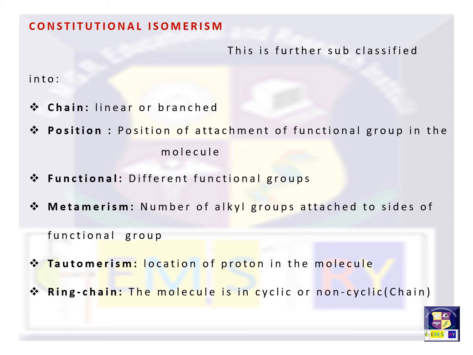Functional isomers are two different pendants attached to the same chain. Metamerism is where the number of alkyl groups attached to the sides of the functional group varies. Tautomerism is where the location of the proton in the molecule varies. Ring chain is where the molecule is either cyclic or non-cyclic, and with respect to that we say whether it possesses isomerism or not.